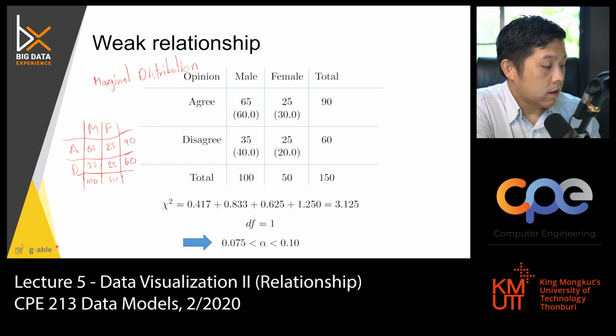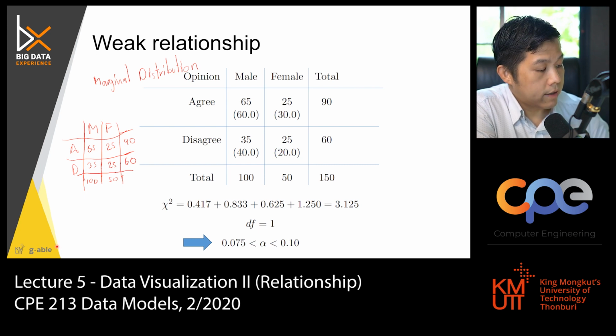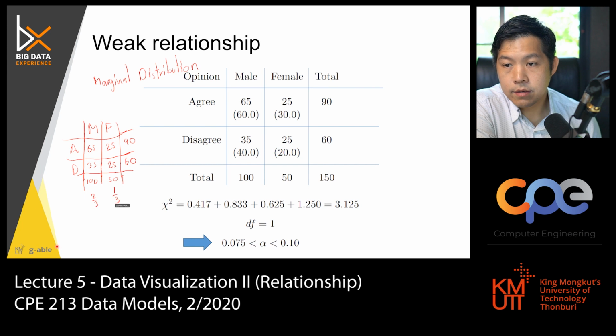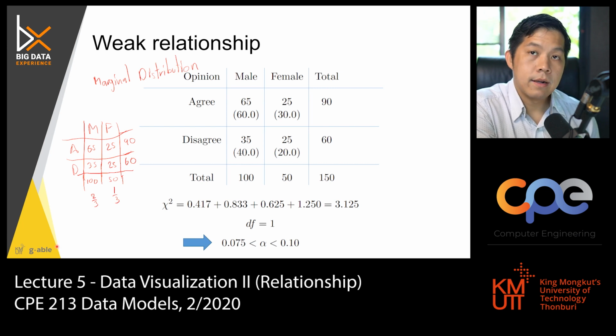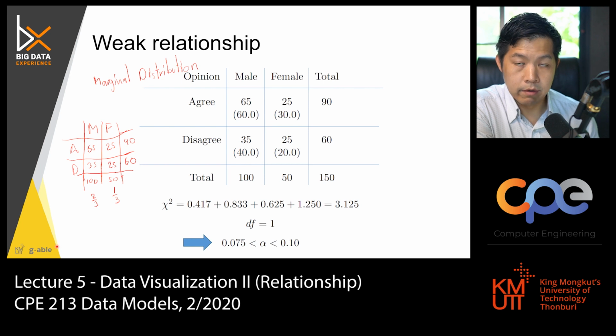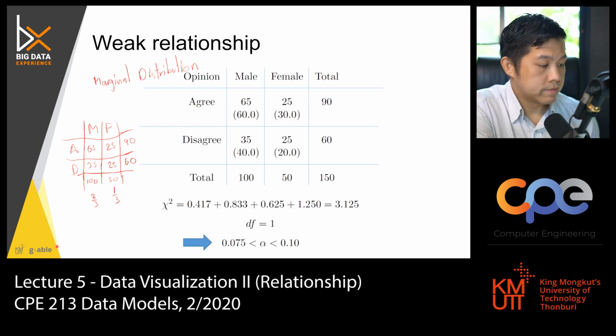After you obtain the marginal distribution, you can calculate the proportion between the cells. For this one, it's 100, and this is 2/3 and 1/3, right? Because we have 100 male participants and 50 female participants. That means 2/3 is male and 1/3 is female.